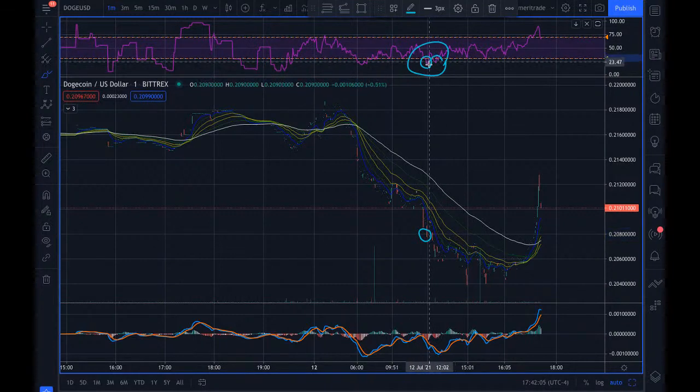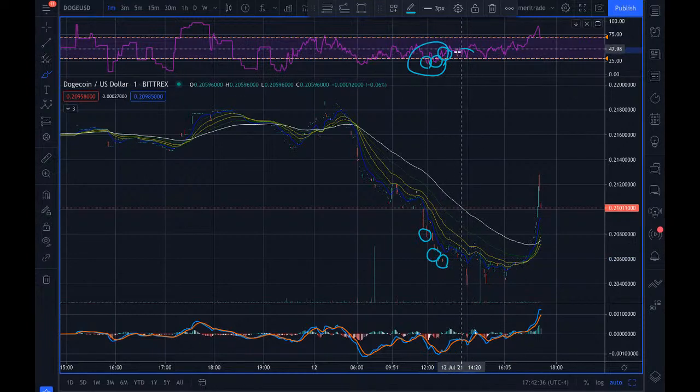Then it dipped again, right here, and again, but it didn't even go below that line on the RSI that time. And I have an alert set there. That's why that box keeps popping up. So that would have been a pretty good buy signal for me.